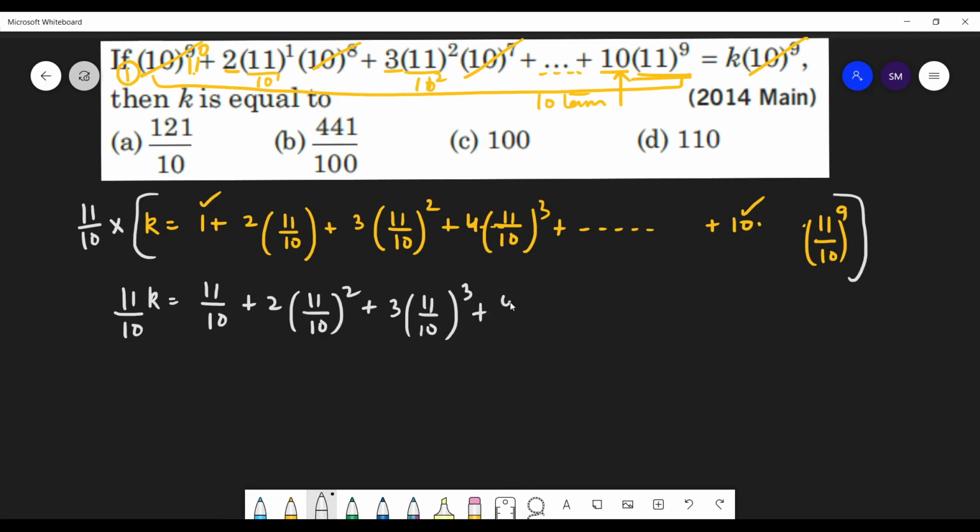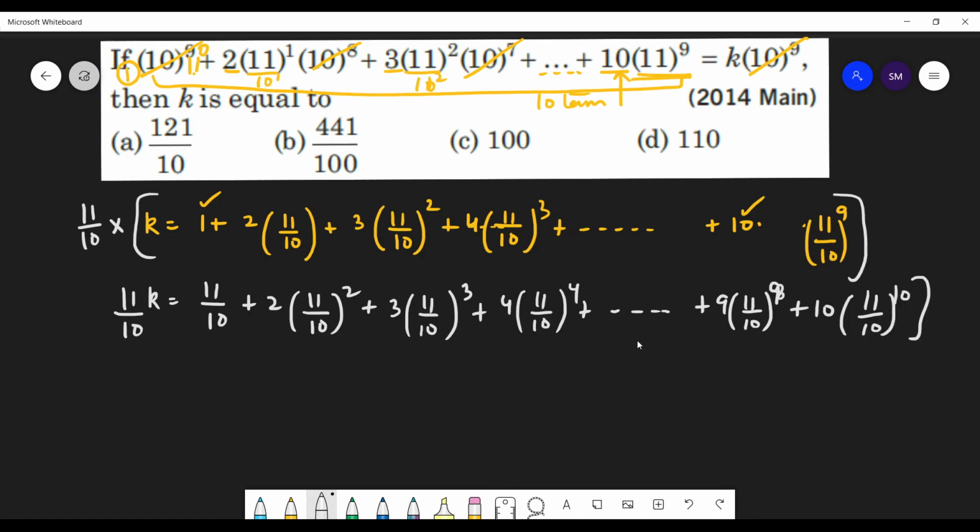Agreed, students? Here you will get 9 into 11 upon 10 raised to the power 9, right? Plus 10 into 11 upon 10 raised to the power 10. Yes?